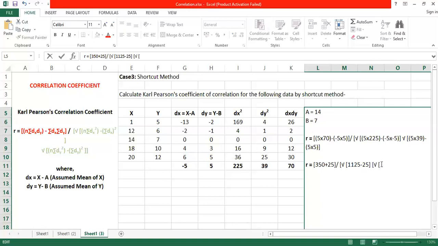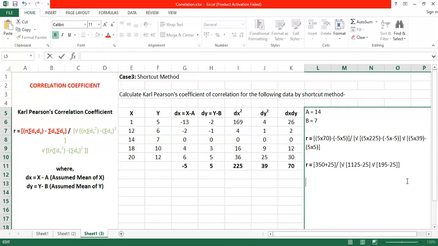Next, square root. Here it is 5 into 39. Right? So it is 195 minus 5 into 5 is 25. Right.